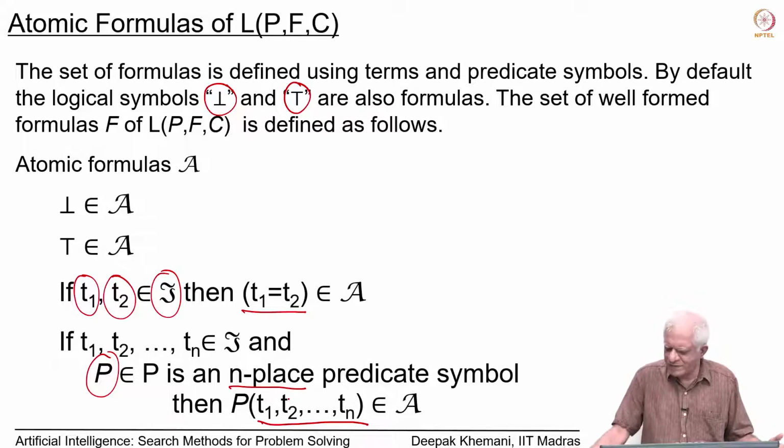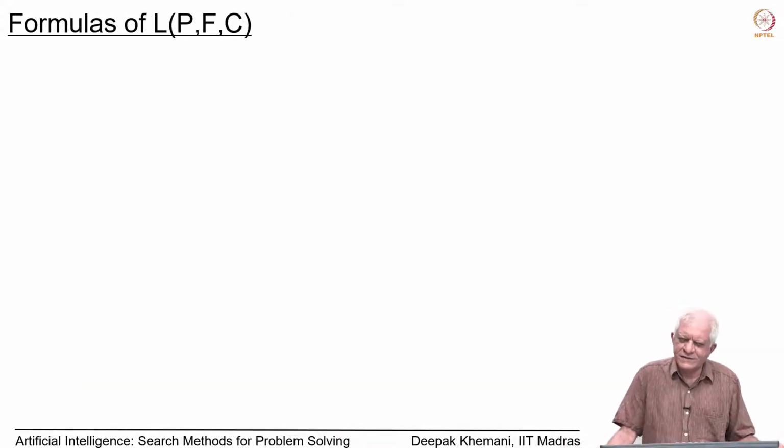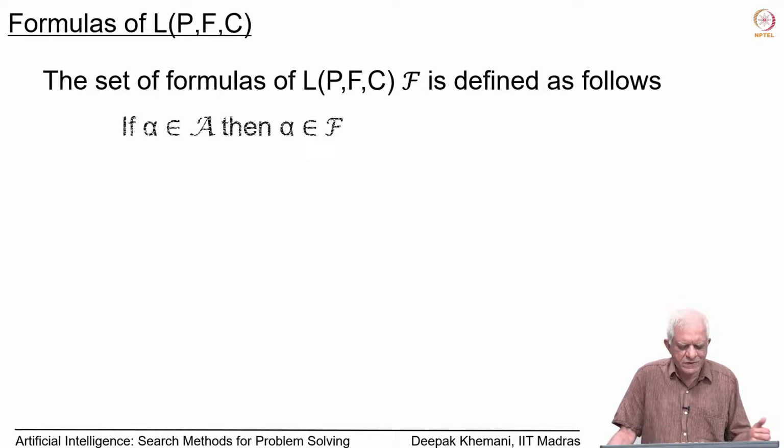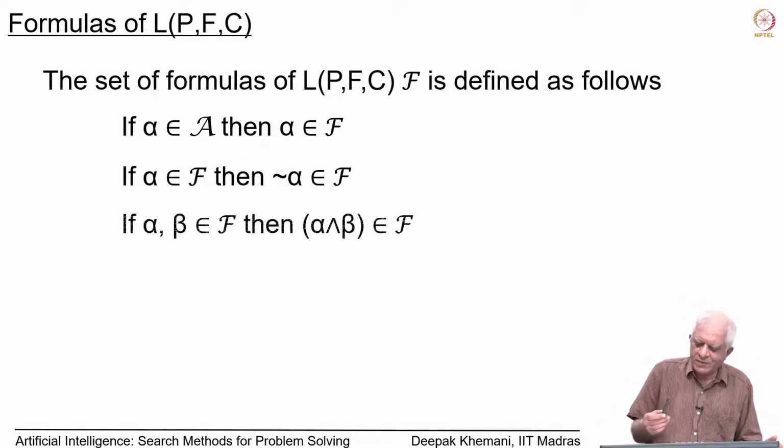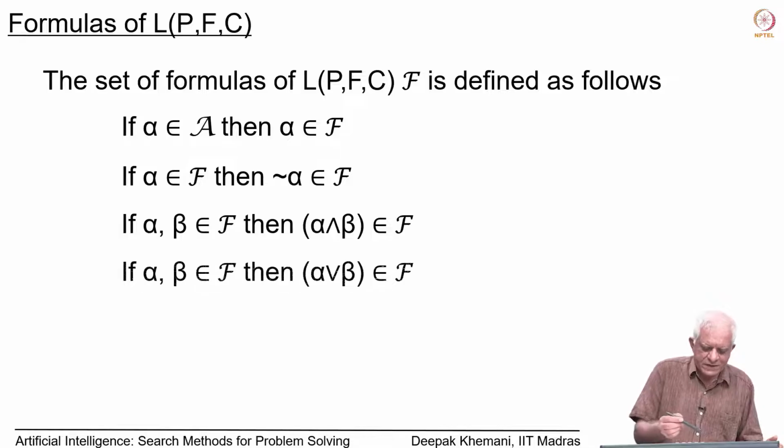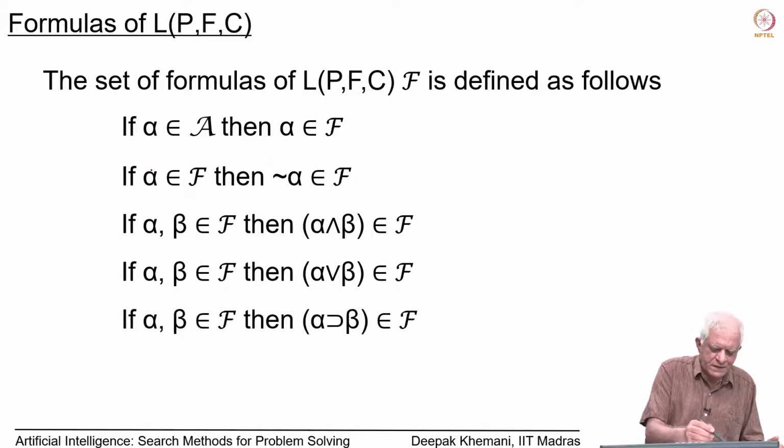So, then we have atomic sentences, and like in all languages that you would have studied, you can construct more complex sentences by using the operators in the language. So, if alpha is a formula, then not alpha is a formula. You can add a negation sign and produce another formula.